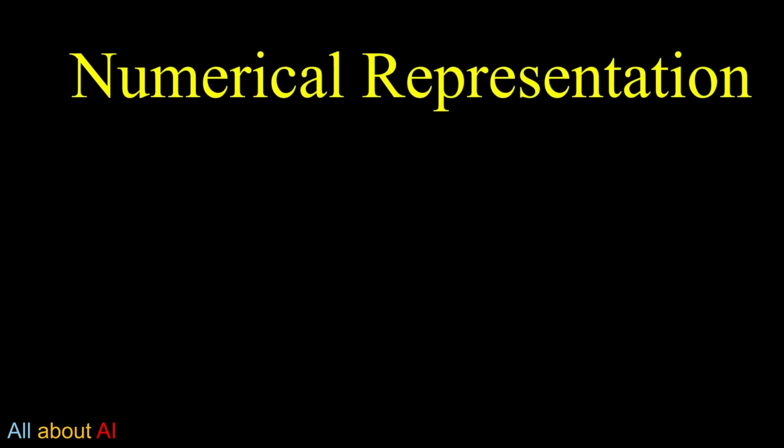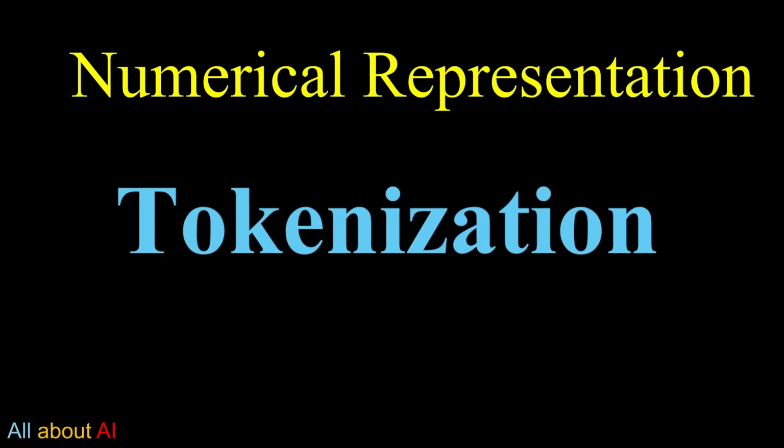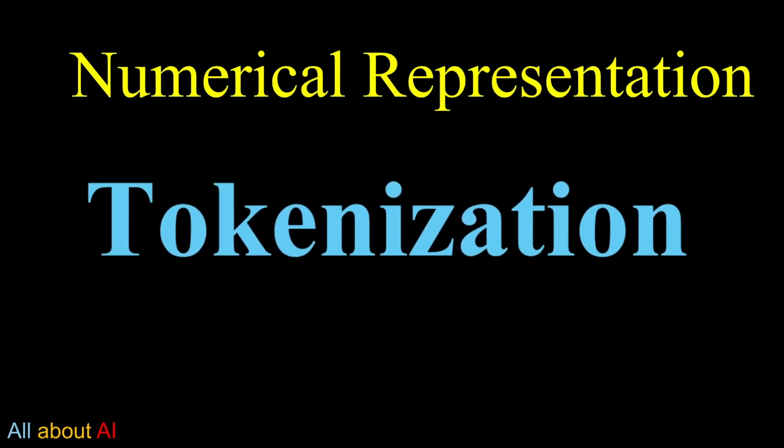Now, let's go back to numerical representation. In the last tutorial, we talked about tokenization. It's the starting point to convert parts of words into tokens and then assign a token ID.